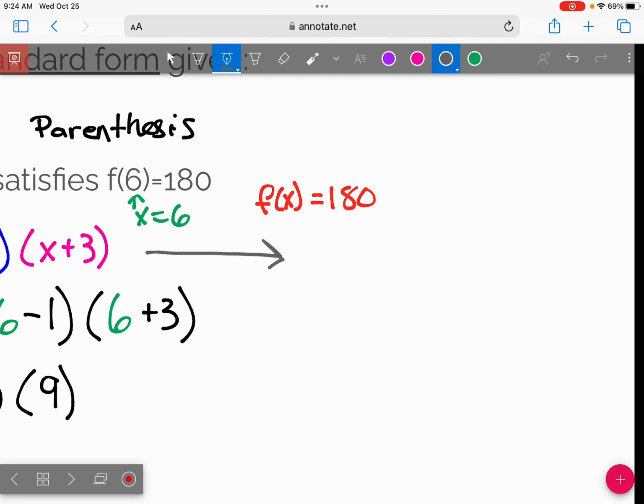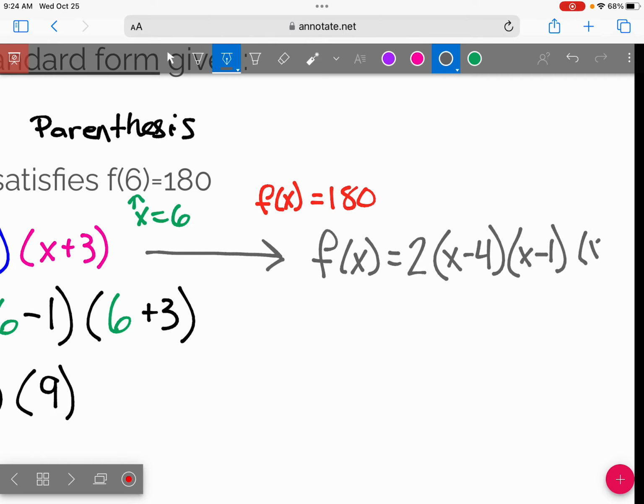I'm going to bring this over here. So my f of x equals 2 times x minus 4, x minus 1, x plus 3. And oh, that looks weird. That looks like a B. Fix that.